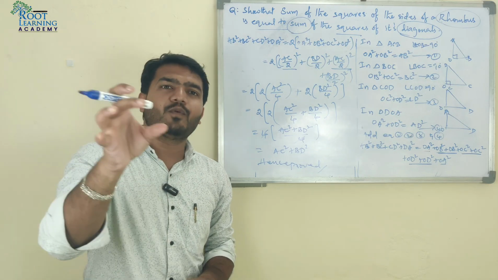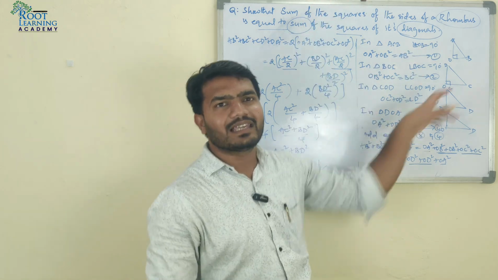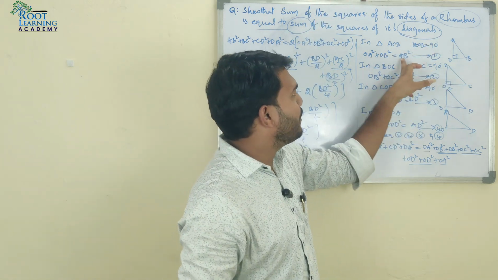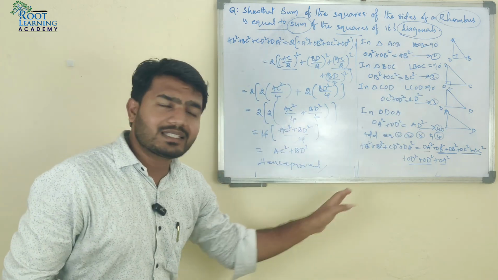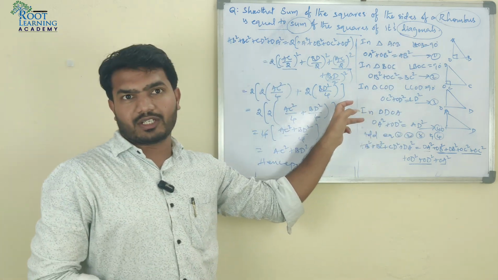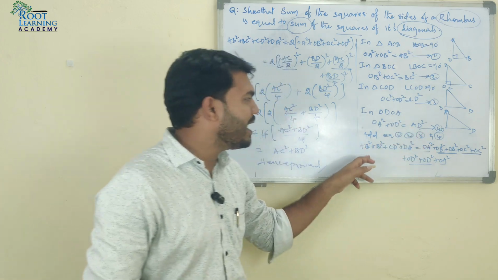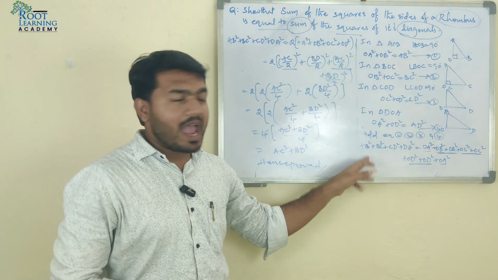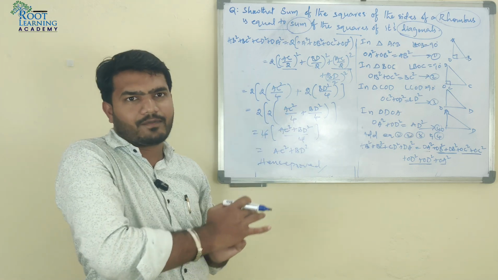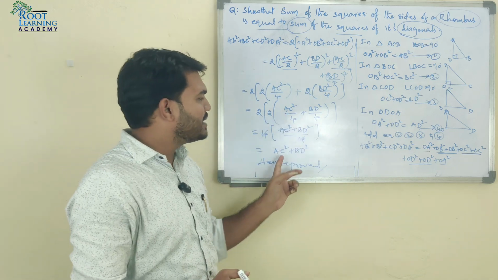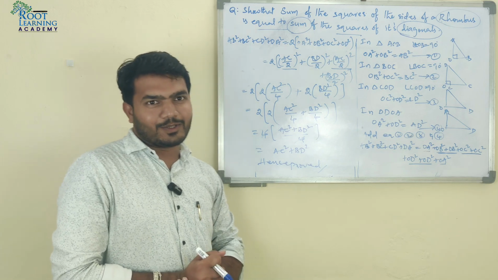Using those triangles, we applied the Pythagoras theorem: the hypotenuse square is equal to the sum of the squares of the remaining 2 sides. That's how we got our 4 equations. Using these 4 equations, we got our LHS. And by simplifying the RHS using the properties of a rhombus, we got AC and BD. That's it. Very simple.